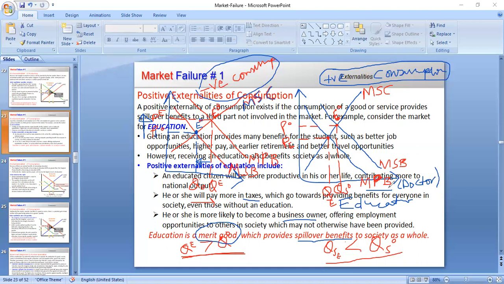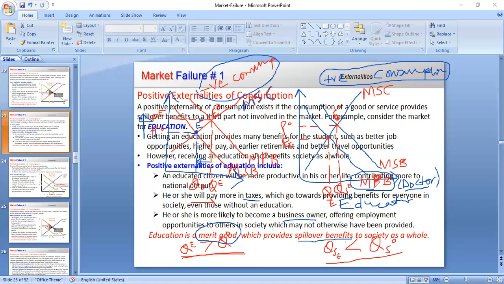But after paying his tuition, after he has graduated to become a doctor, this doctor can work for the government. When he works for the government, he will be given a salary. The government will give him a salary. That salary will be called the marginal private benefit for that doctor, because it is the benefit that he got after investing in education.